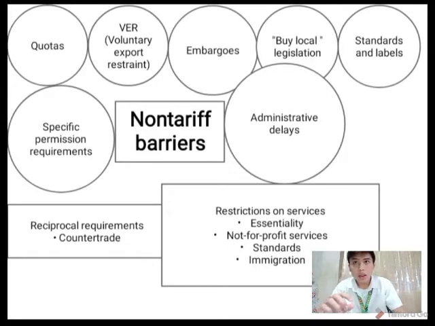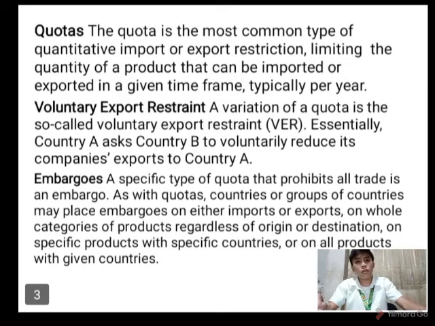They can be quotas, voluntary export restraint or VER, embargoes, buy local legislation, standards and labels, specific permission requirements, administrative delay, reciprocal requirements, and counter trade, and lastly, restrictions on services: essentiality, not-for-profit services, standards, and immigration. Let's go first to quotas.